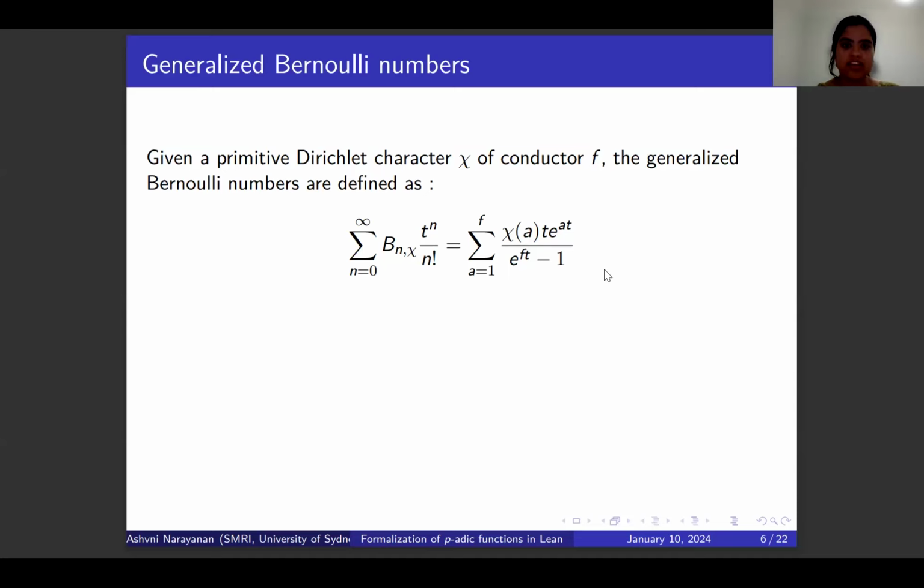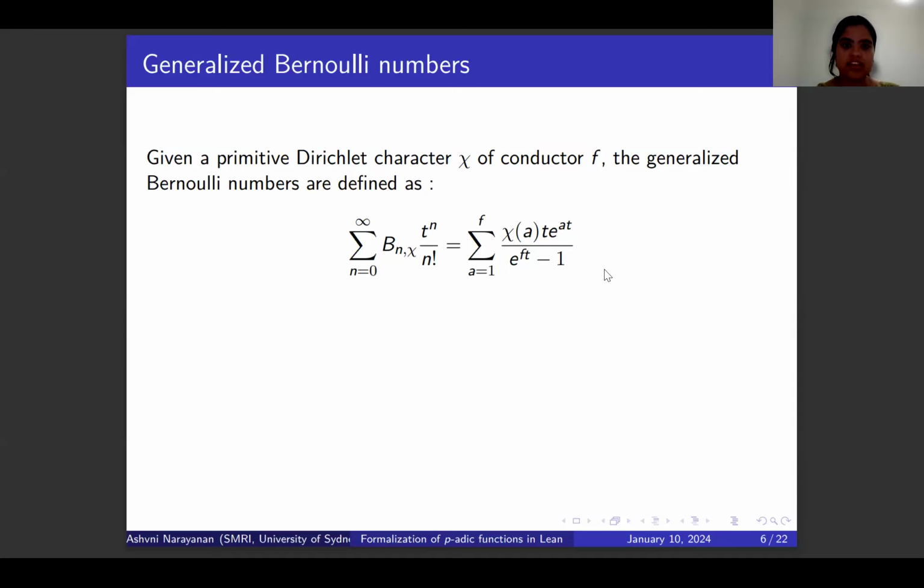And here, if you know something about Dirichlet characters, then you know that every Dirichlet character has a conductor. There is a particular property that for any multiple of the conductor, you have this particular formula of the generalized Bernoulli number in terms of the nth Bernoulli number. I think this was the easiest way to define the generalized Bernoulli numbers, because the general definition is not a very workable definition.